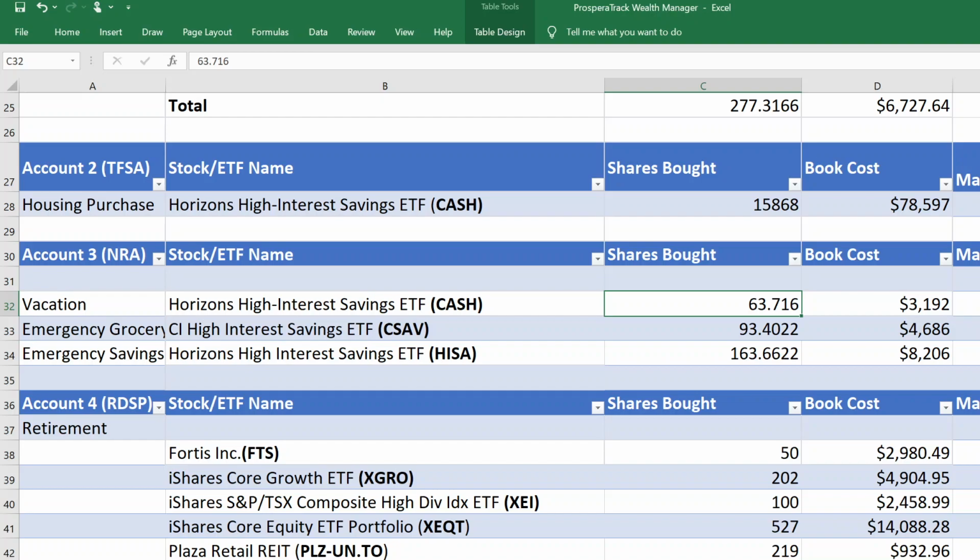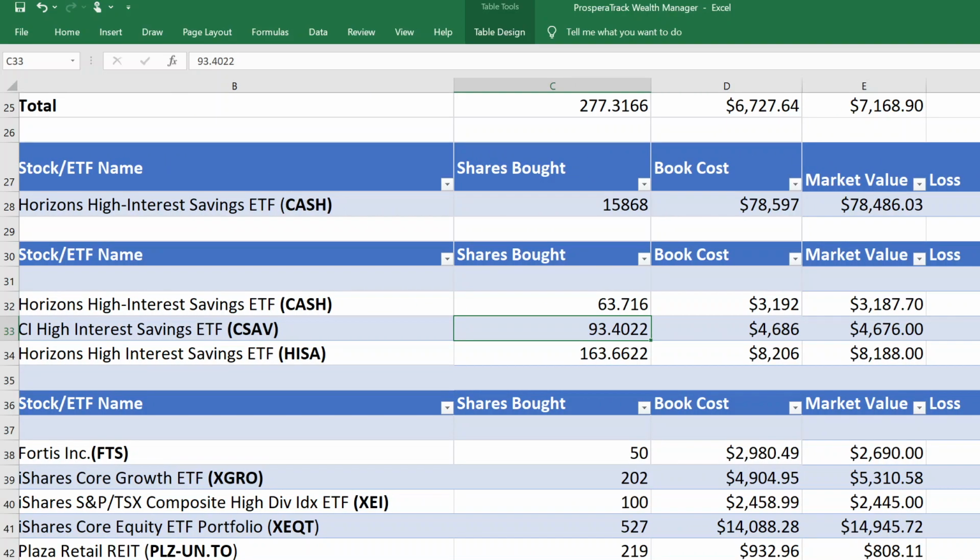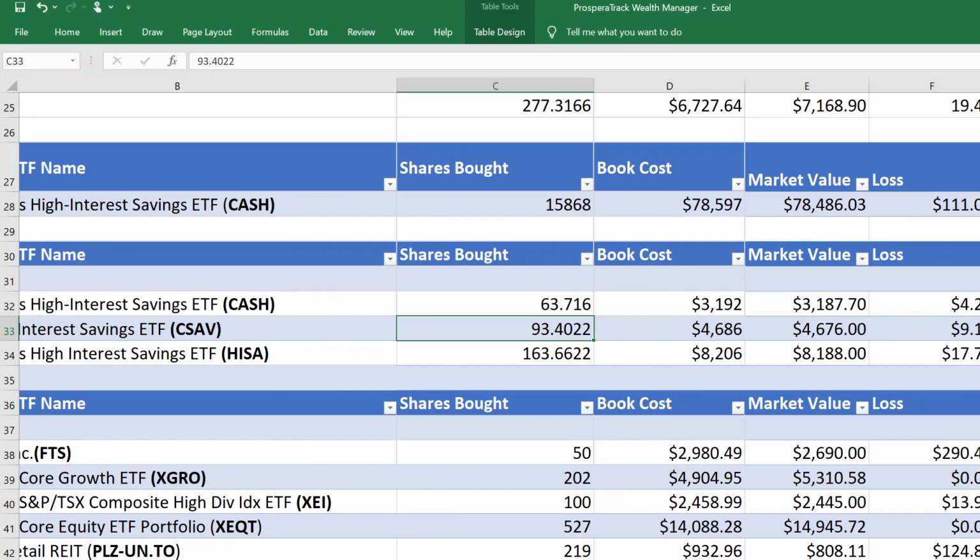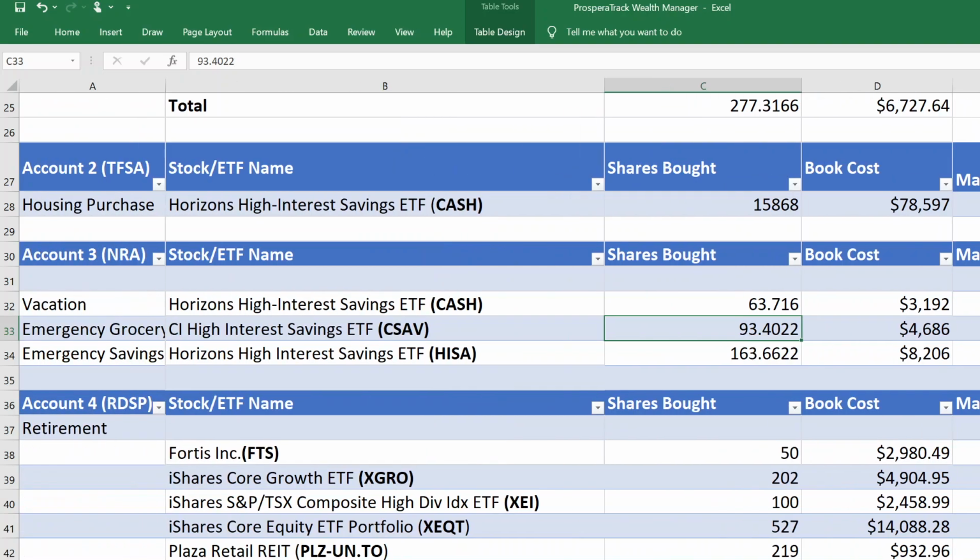Similarly, I'm invested in this particular ETF for my emergency groceries. Again, the amount of shares of that one that I own is listed here. The book cost is also listed here, the market value here. The loss is currently showing as 9.11.